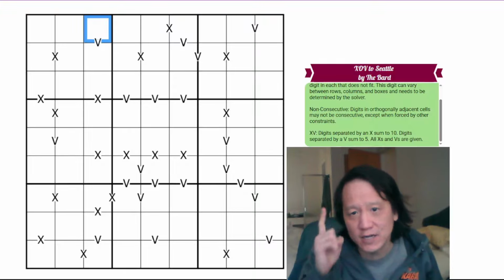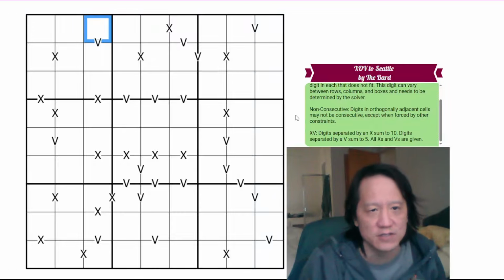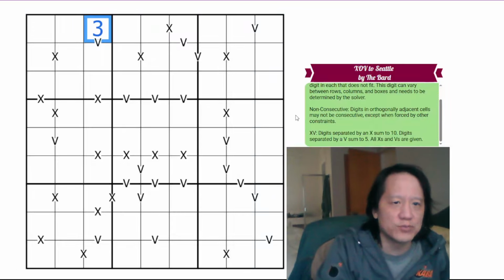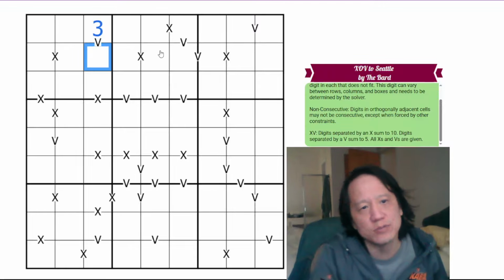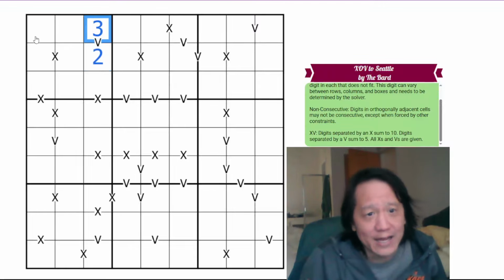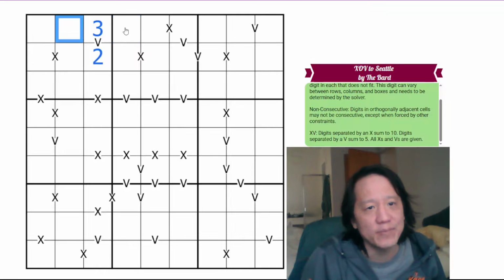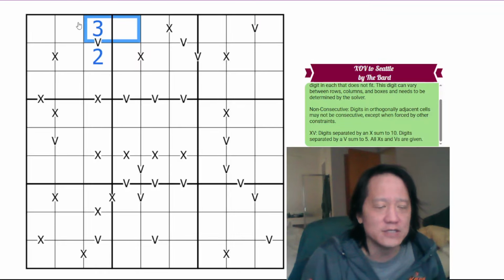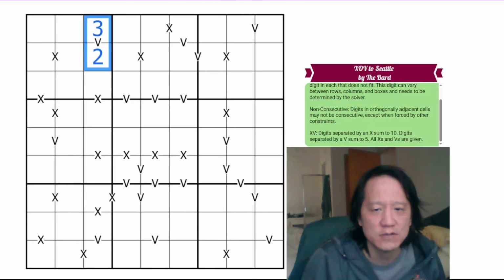So there is a negative constraint here for the X's and V's. Say there was a 3 here. That means this would have to be 2, and these digits could not be 4, because in this entire puzzle no two cells that share an edge can be consecutive. Well, okay, this can't be 3 and 2 then, so that doesn't work.